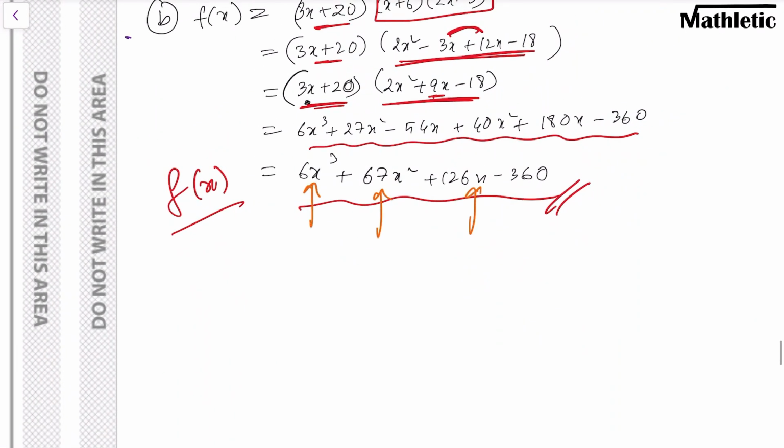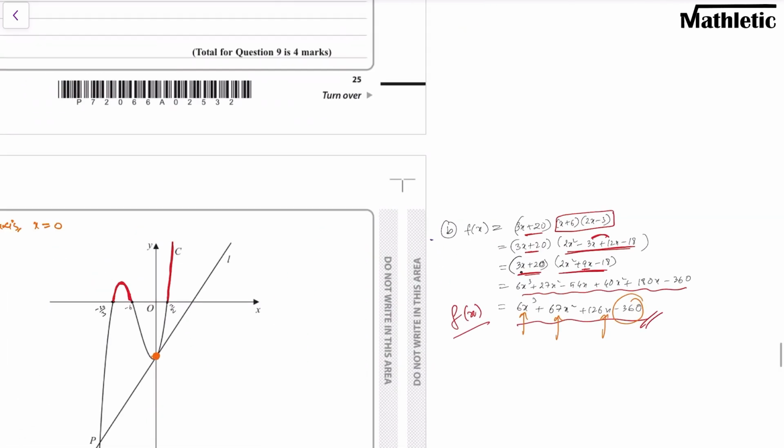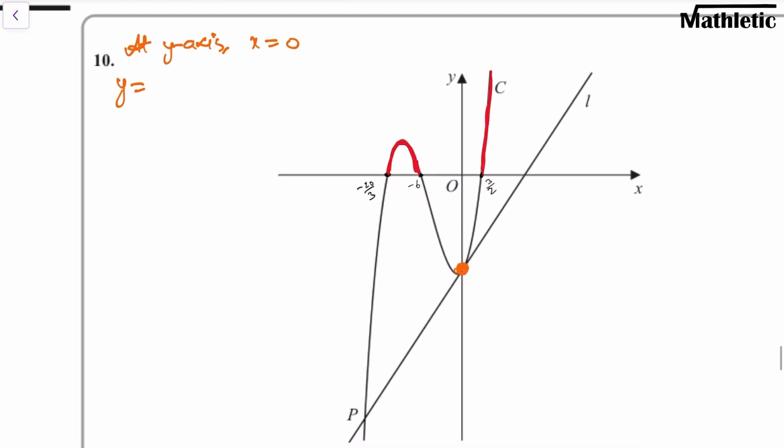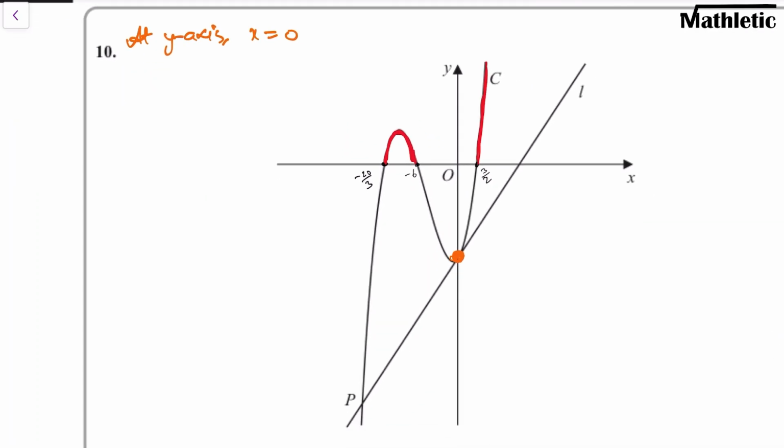If you substitute x equals 0, you will get a y coordinate of -360. So when you substitute x equals 0 into the equation of y, you get -360. So that's the coordinate (0, -360).